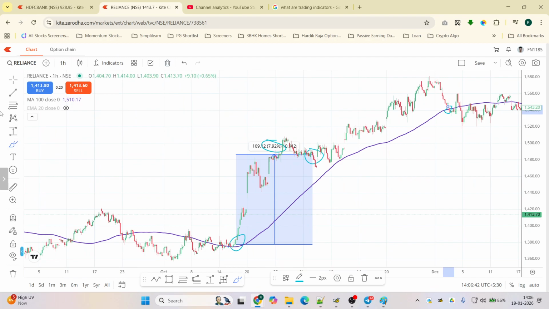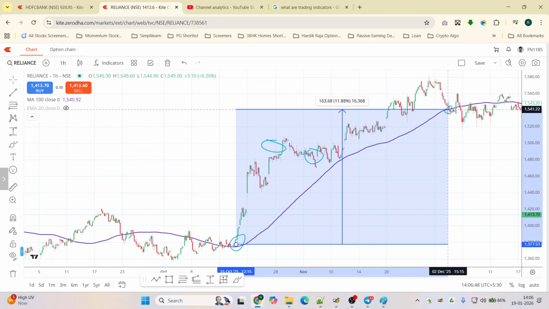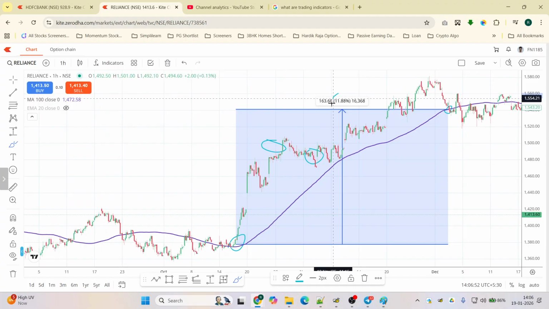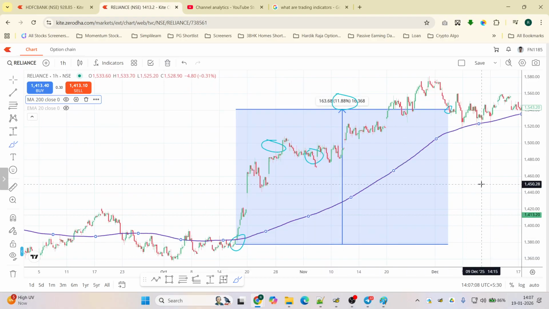Now if I just select the same thing and drag it all the way here, can you see guys, the return has gone from 7.92 to 11.88 because we are using a higher moving average. Now let me go still further. Guys, just remember it is 11.88 with moving average 100, right?